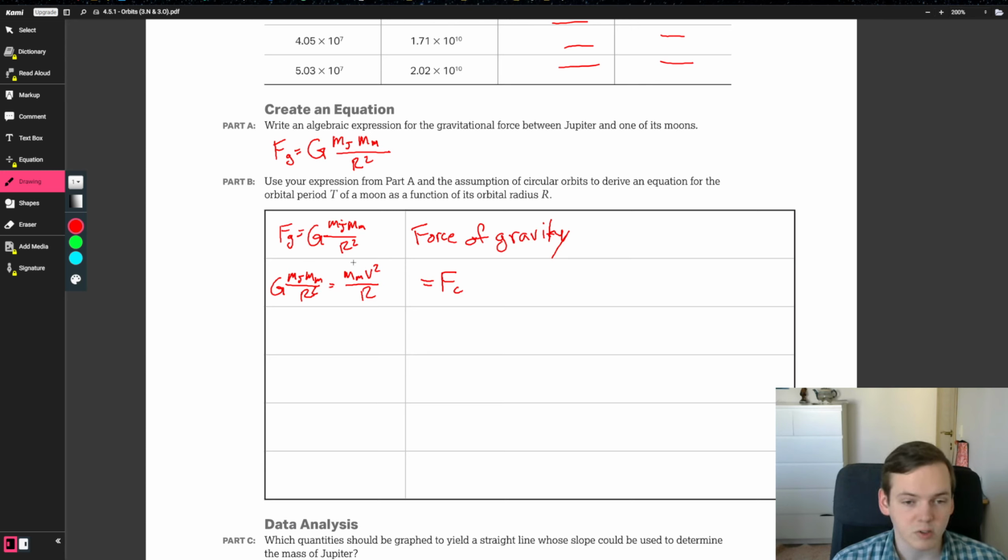Then we're going to have G times Mj over r is equal to v squared. And this is canceling like terms, so getting rid of the mass of the moon and getting rid of one of those powers of r.